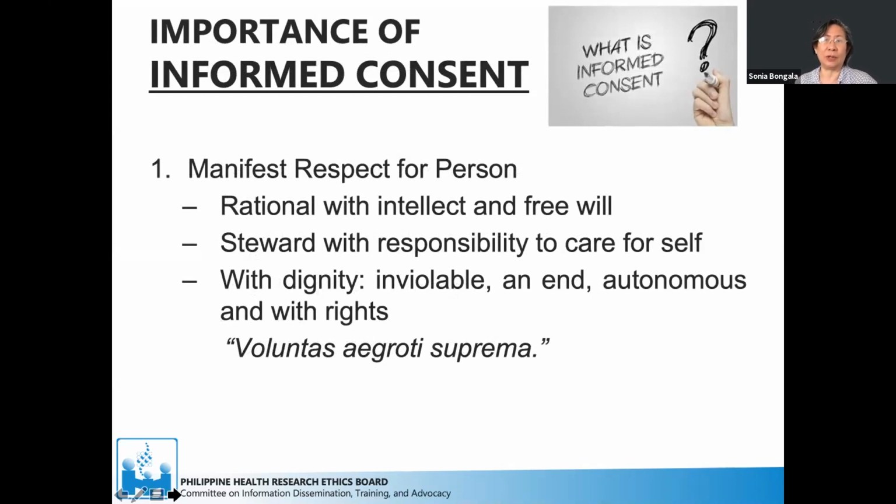Okay? So what's the importance of informed consent? It will show respect for the person, that you acknowledge the autonomy or the independence of the person or the participant to make his own choice, and that he will exercise his right to say no or to voluntarily participate. Okay?